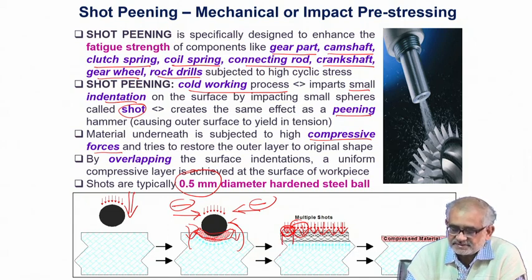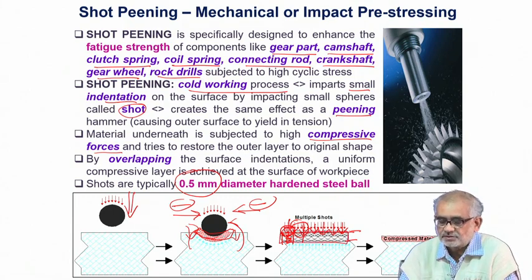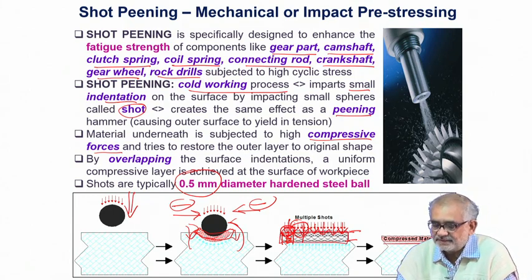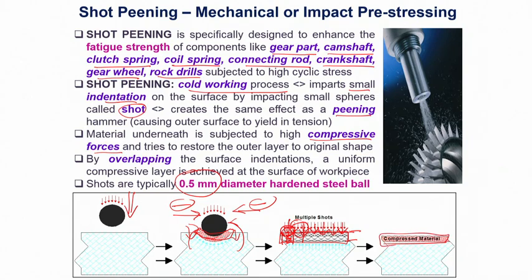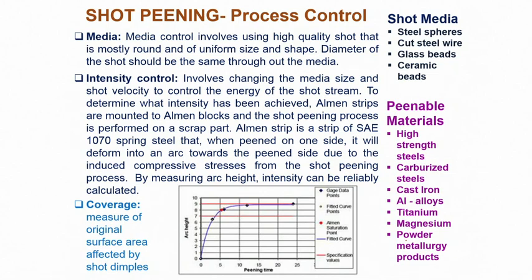So if this is the plastic zone created by the first impact, the second impact will have a certain overlapping region, with this amount of overlapping zone. In the process, the deformation that we create on the surface will have more or less uniform depth, but also a fairly homogeneous deformation structure on the surface. So we end up getting a region on the surface which will carry a compressive state of stress.